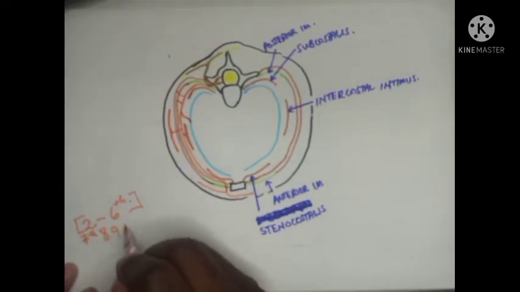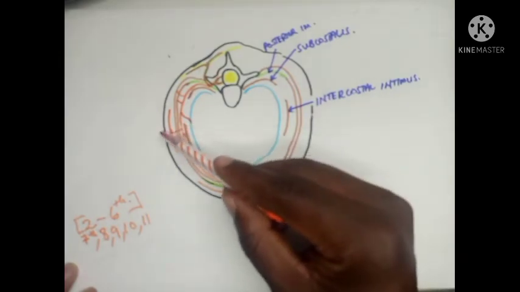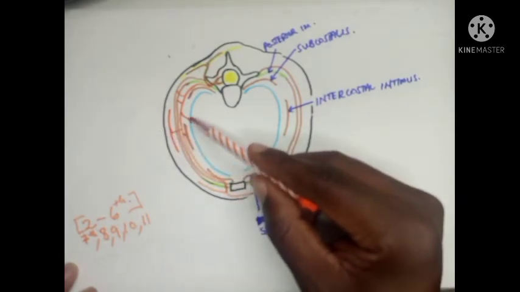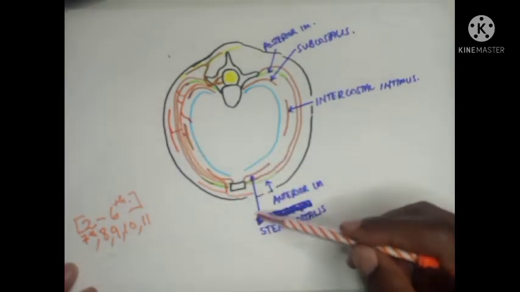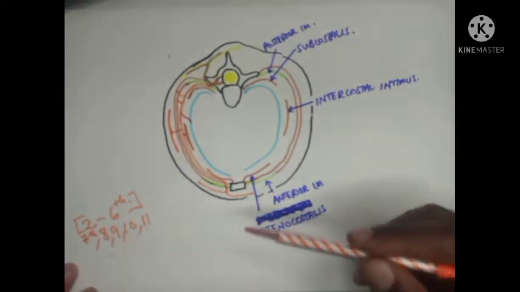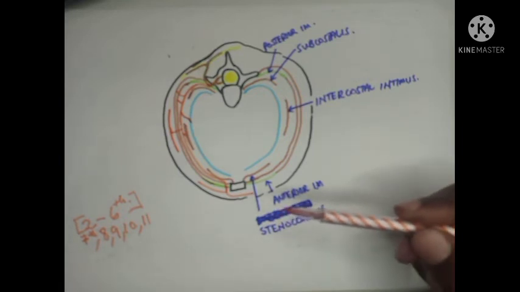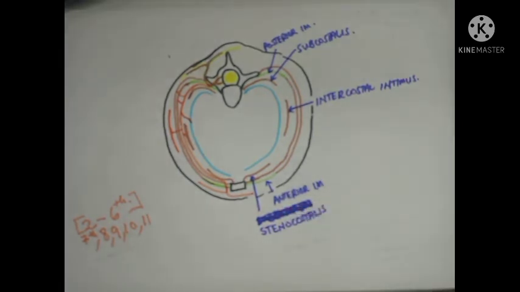So the 7th, the 8th, 9th, 10th, and the 11th do not only supply the skin and the whole thickness of the intercostal space and the parietal pleura, but also go down into the abdomen and supply the skin of the abdomen, the muscles of the abdomen, and the parietal peritoneum.